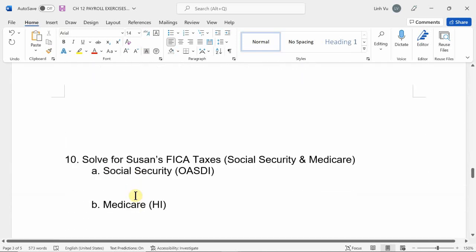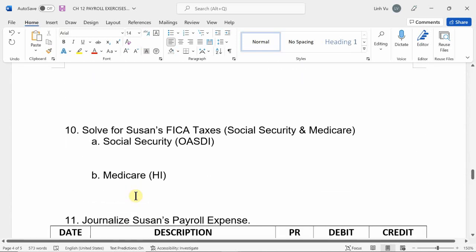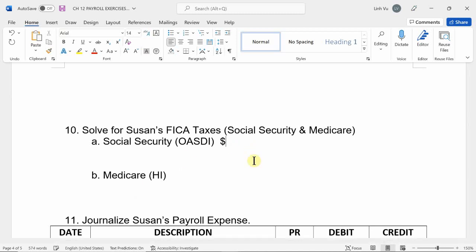What about figuring out her Social Security? She's earned a total of $950. What's the percentage rate here for Social Security? 6.2. And it's 58.90.